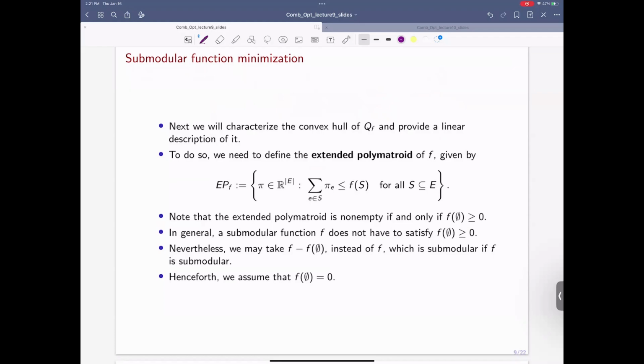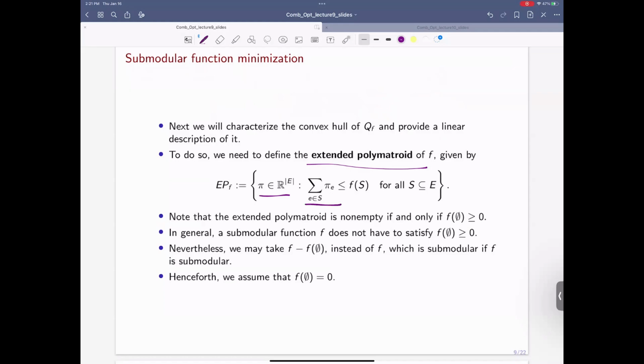Okay, so to explain the description of the convex hull, we need to define this notion of the extended polymatroid. This is an important concept. So what is that? Well, you collect the set of vectors pi which satisfy that.